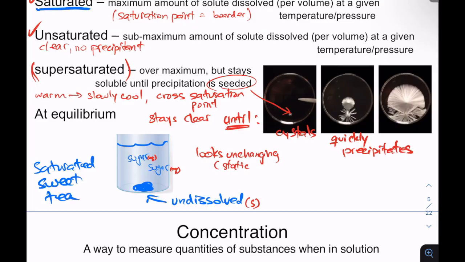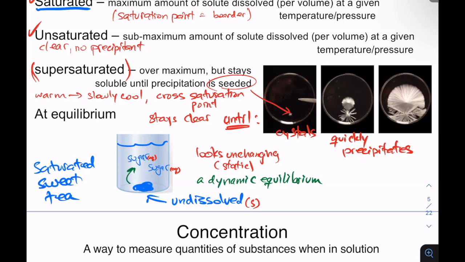But really, what's happening here is you have what's called a dynamic equilibrium. And when you have a dynamic equilibrium, what's happening is some of the solid sugar is redissolving and going back in aqueous solution.